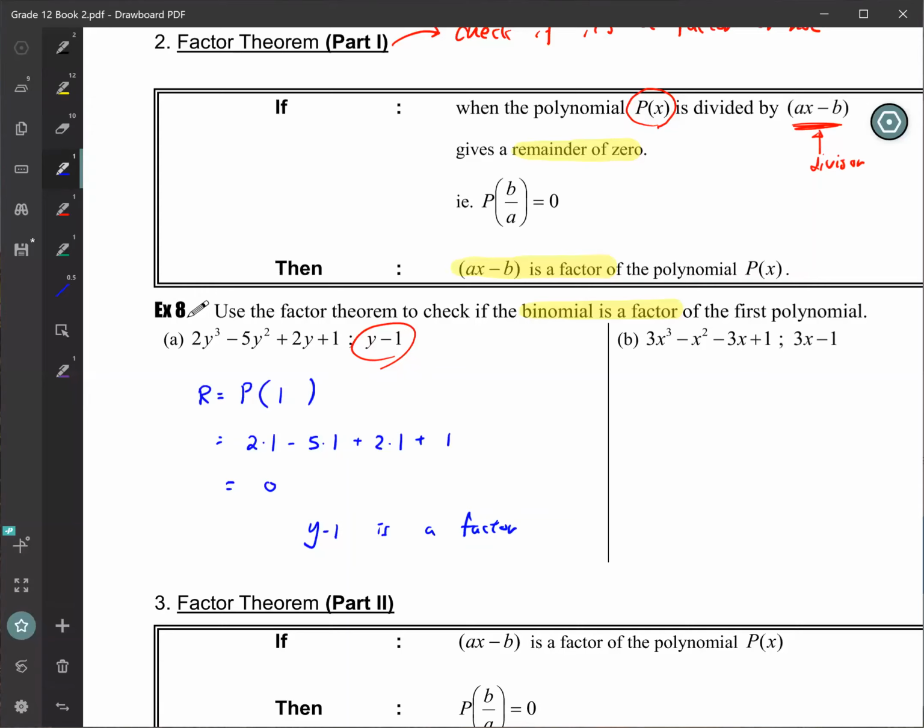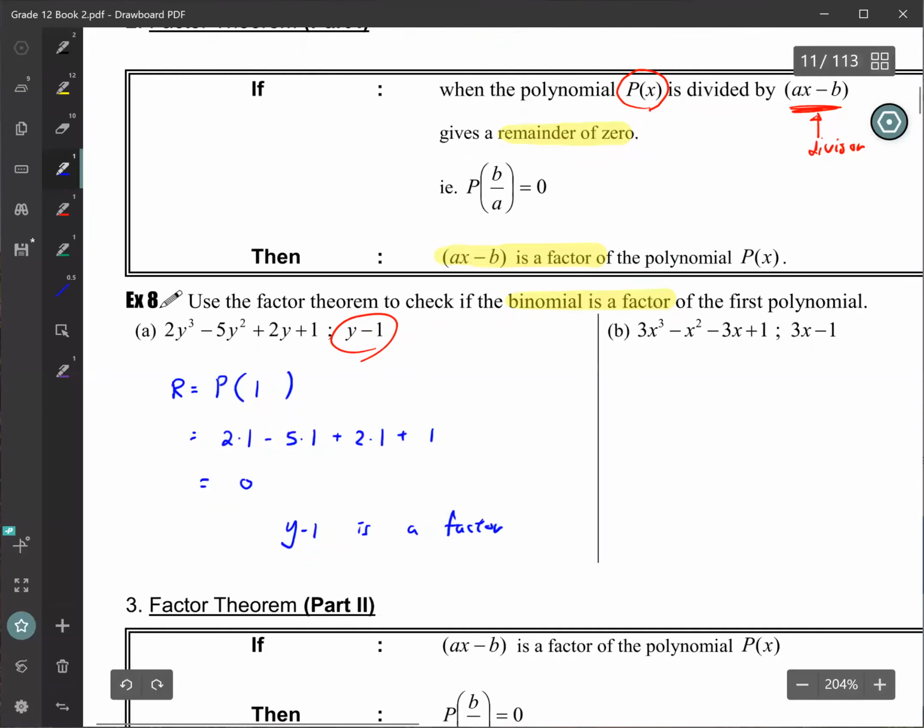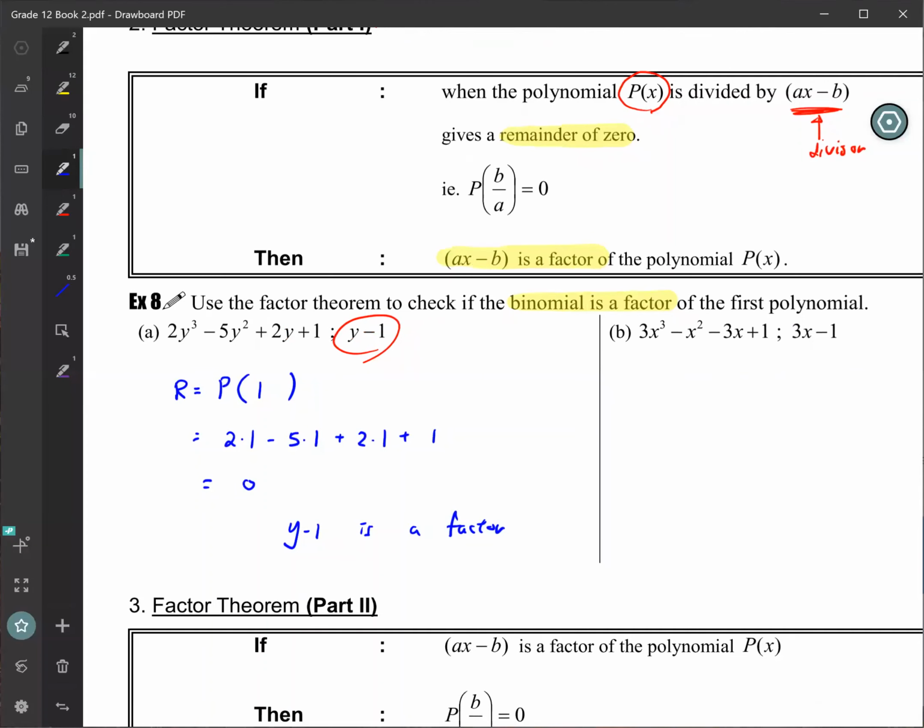Okay, can you raise your hand if you understand this? E-Ray, Samantha, do you get it? E-Ray? Yeah, okay, so can you check the second one? We want to check if 3x minus 1 is a factor or not.